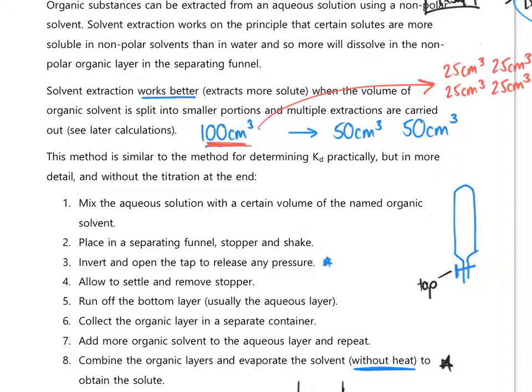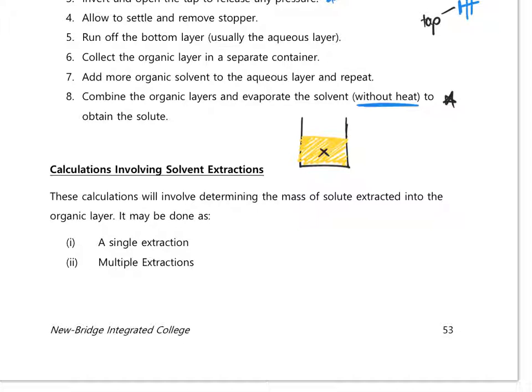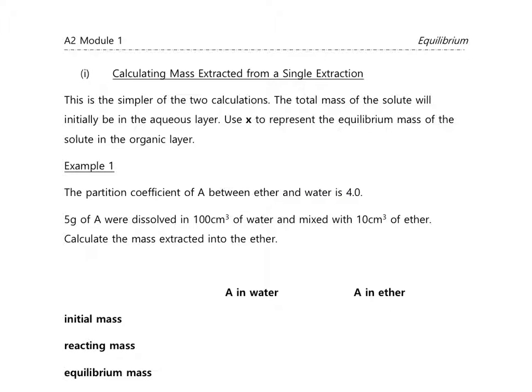On that note, when you have calculations involving solvent extractions, it may be done as a single extraction, which is simpler, or it may be done as a multiple extraction, which involves a little bit more work. These types of calculations compare most similarly to KP calculations, where you would be given, say for example, the initial number of moles and the value of KP, and then be asked to work out what your equilibrium moles are, or equilibrium partial pressure in the example of KP.